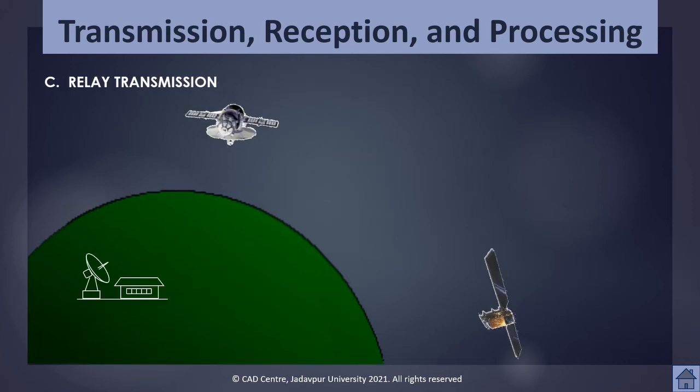Now, data can also be relayed to the ground receiving station through the tracking and data relay system satellites, which consists of a series of communication satellites in geosynchronous orbit. The data is transmitted from one satellite to another until it reaches the vicinity of the appropriate ground receiving station.